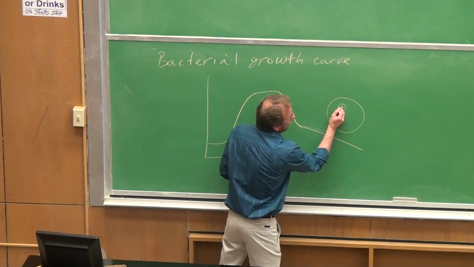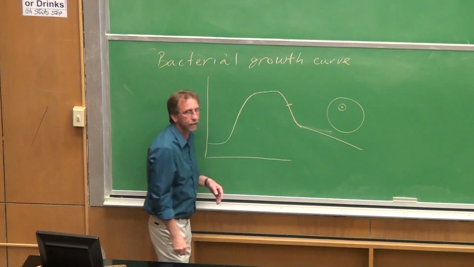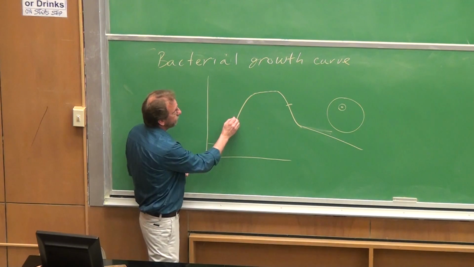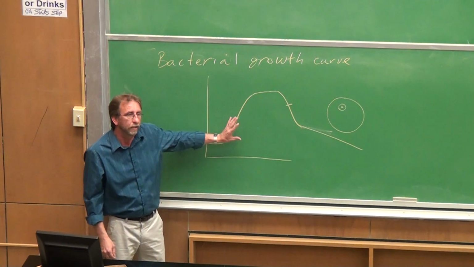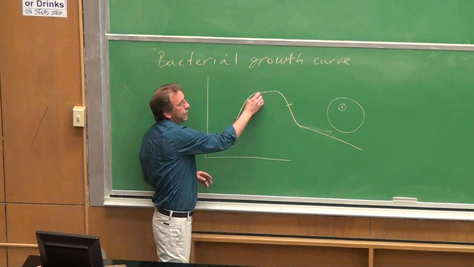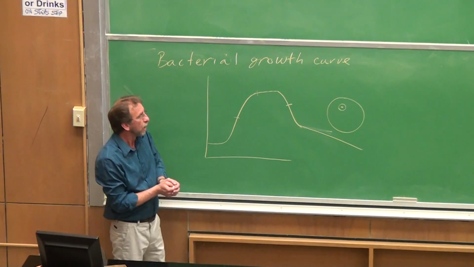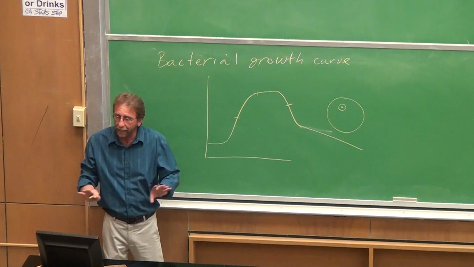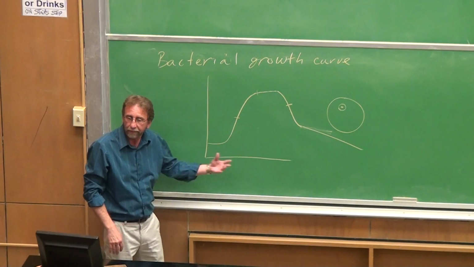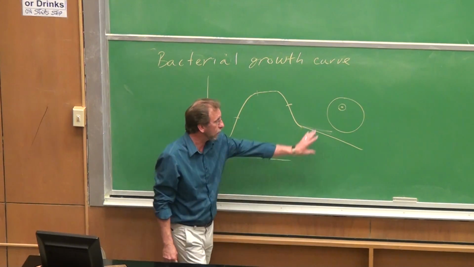Whereas if you look on the edge of our colony here, you're probably going to find microbes that maybe are more in the logarithmic growth, or maybe they're up here because of accumulation and stuff. But they're probably in a different area in the growth curve, depending on where they are in the colony.